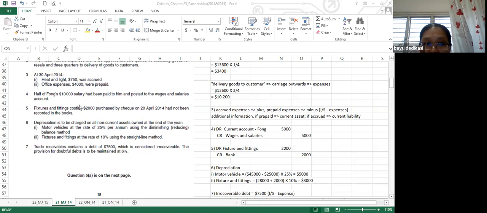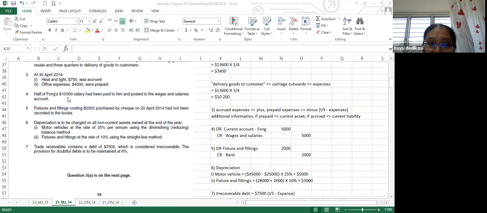Additional information in here, this heat and light accrued will be the liability. Whether office expenses prepaid, this is the other receivable under current asset. Both amounts will appear in the statement of financial position. And to find your total for the income statement expenses, accrued you have to plus, prepaid you have to minus.